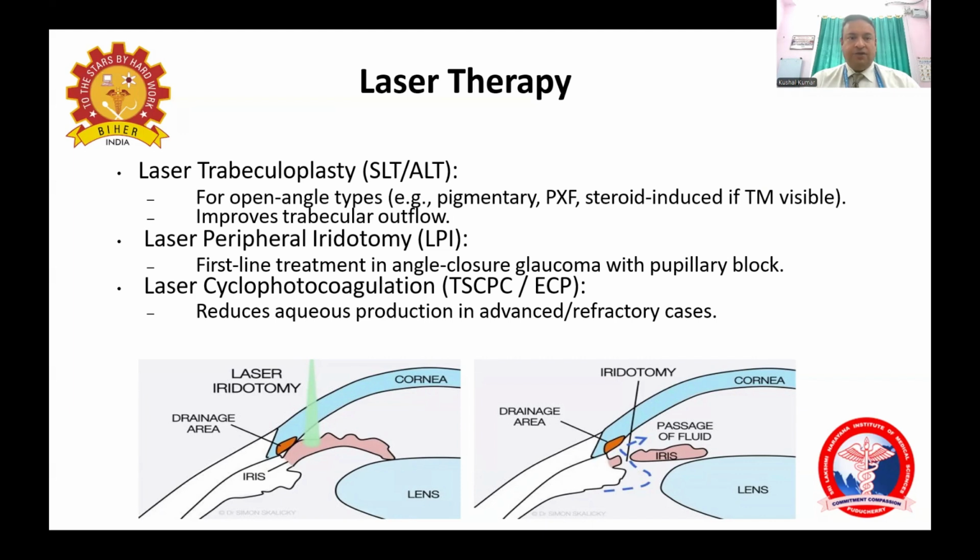The mechanism of action is it helps improve trabecular outflow. One could also do a laser peripheral iridotomy, which is a first-line treatment in angle closure glaucoma with a pupillary block. You could also do laser photocoagulation, and this helps reduce the aqueous production in advanced or refractory cases.